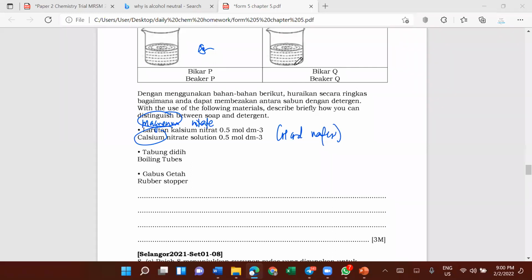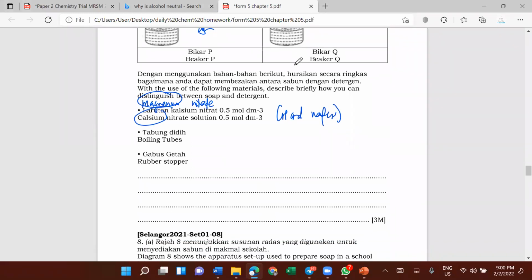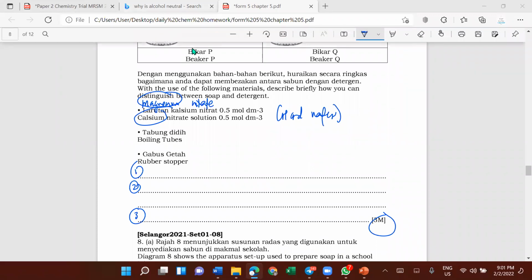Okay, let's have one person do the first statement. I need 3 marks, which means 3 points: 1, 2, 3. Simple steps only. Who wants to be the brave one to start first? I haven't called out their name yet.